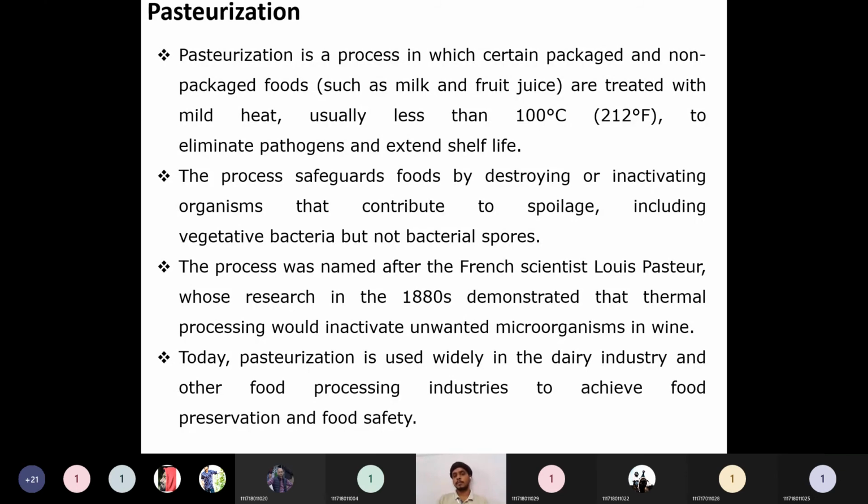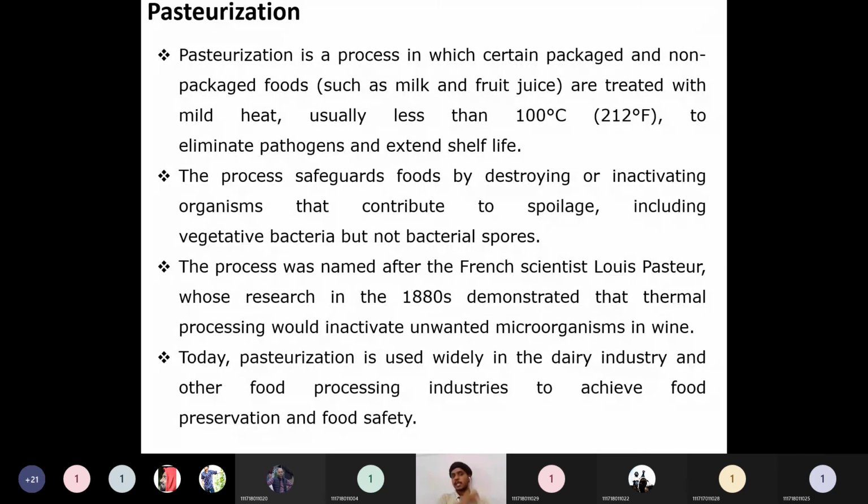So how has this pasteurization process been developed? There is a French scientist, Louis Pasteur, whose research in the 1880s demonstrated that thermal processing of any substance leads to killing of the microorganisms which are unwantedly present in our products. He conducted an experiment on wine.